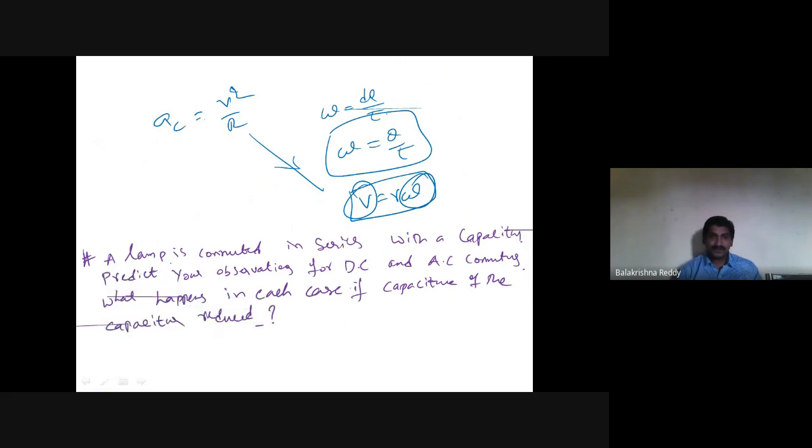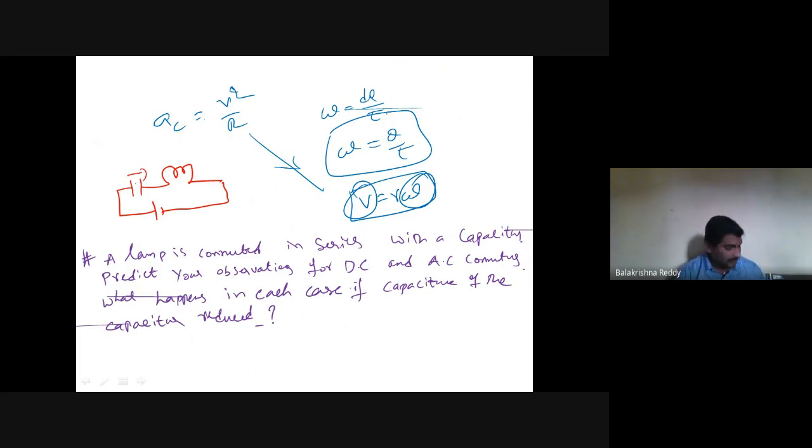You can see here a lamp connected in series with a capacitor, with a DC connection. DC is direct current. When you have connected the capacitor to direct current, of course the capacitor blocks the DC. Here there is no effect of the capacitor on the lamp, right?